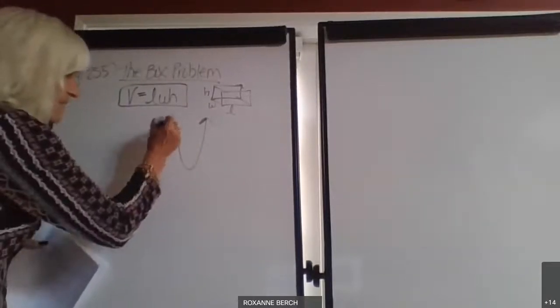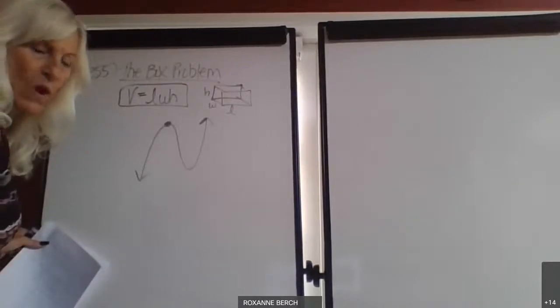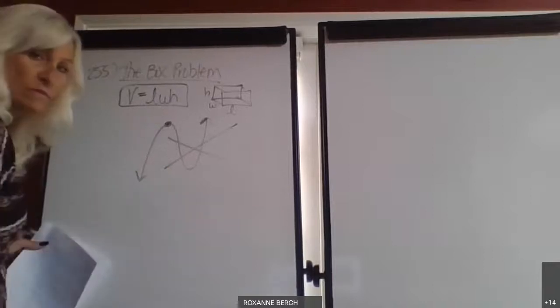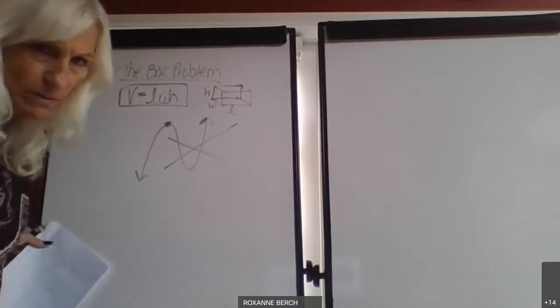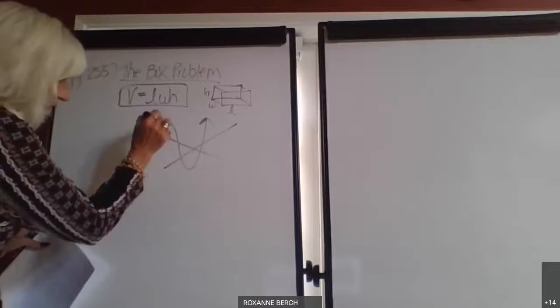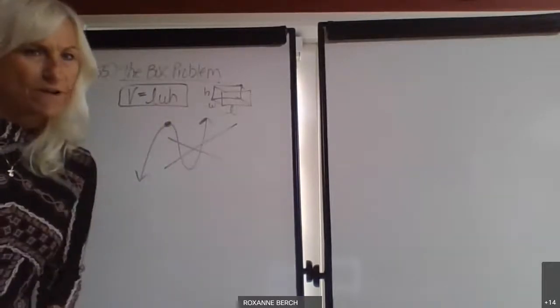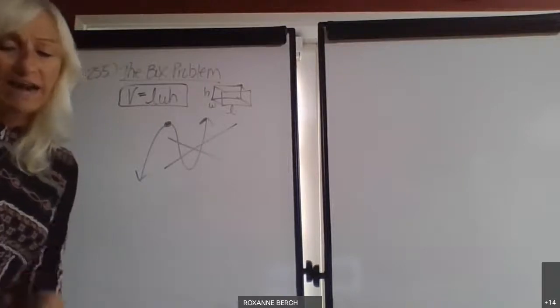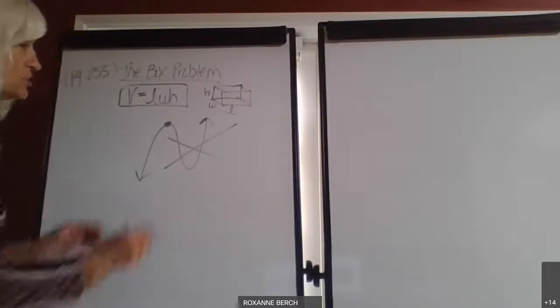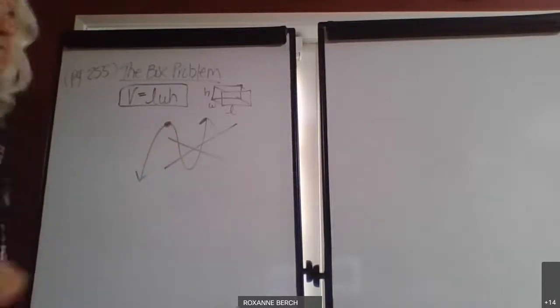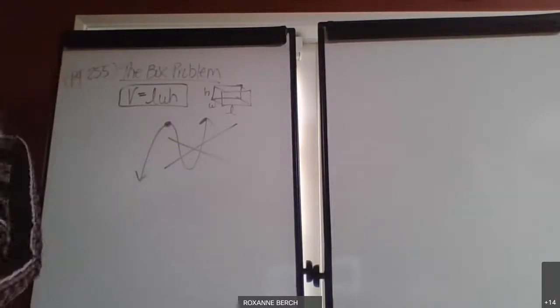So wouldn't this be the maximum volume? So when I do this graph, you're not going to see this part, but we don't care about that part. We care about that right there. So I don't want you to think I'm graphing a quadratic. I'm not graphing a quadratic. I'm going to be graphing a cubic, but I'm only going to capture this part of the cubic. So I just wanted to explain that.